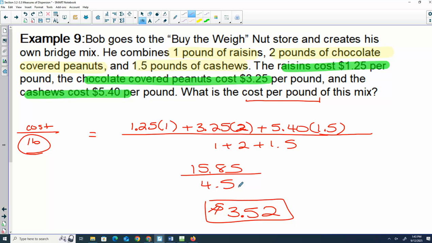That gets a total cost of $3.52 per pound. So that's called a weighted average. You put per pound? You can. I just asked for the cost, so if you just said the dollar amount, that would be fine. But if you said per pound, that's also correct.